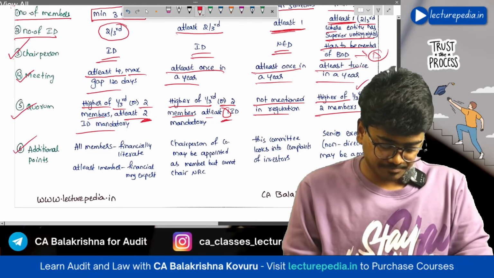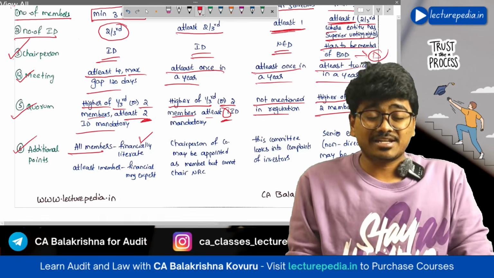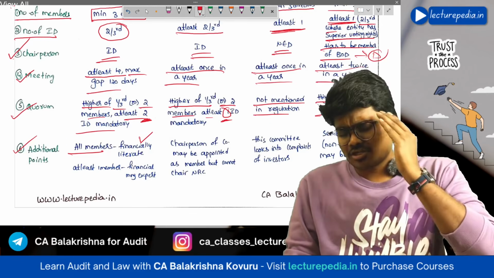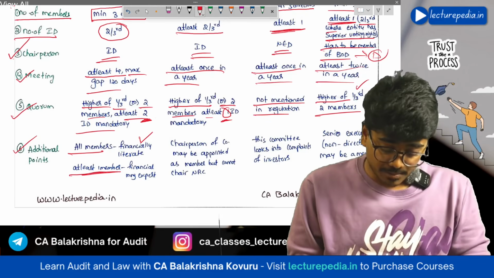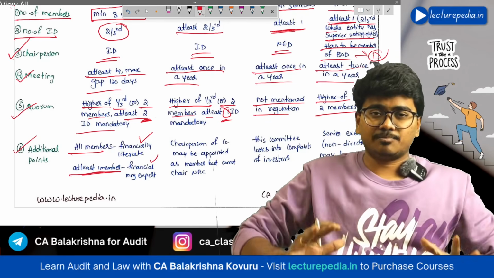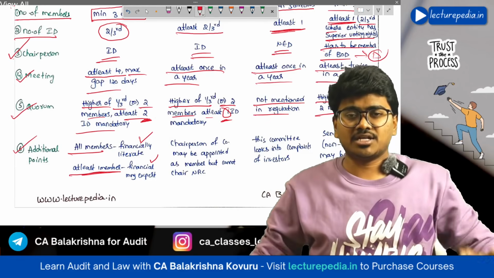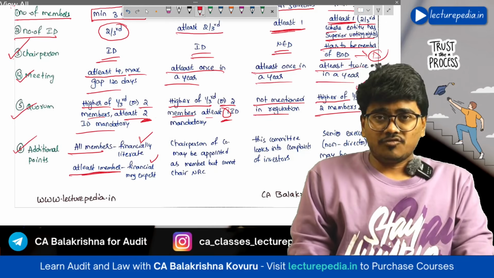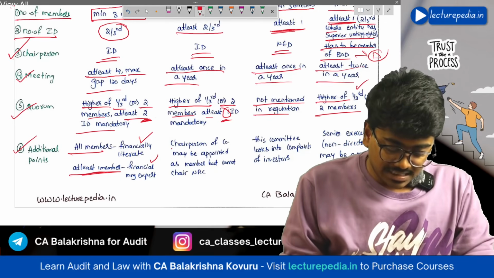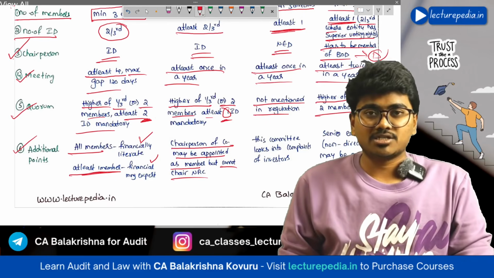Some other additional points. In case of audit committee, all the members should be financially literate. They should have knowledge with respect to finance, and at least one member must be an expert in financial management. Next, in case of nomination remuneration committee, the chairperson of the company may be appointed as member but cannot chair the nomination remuneration committee.